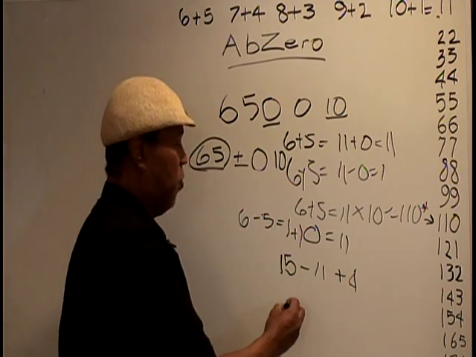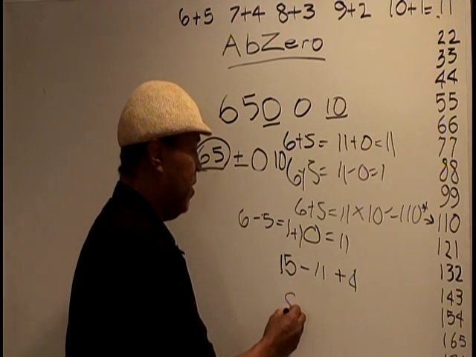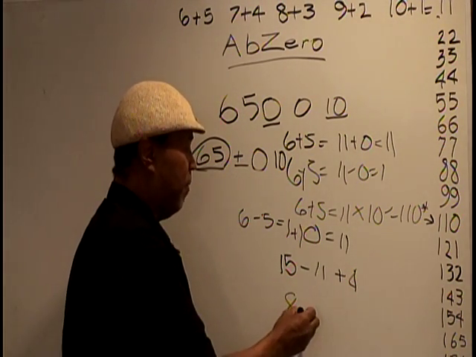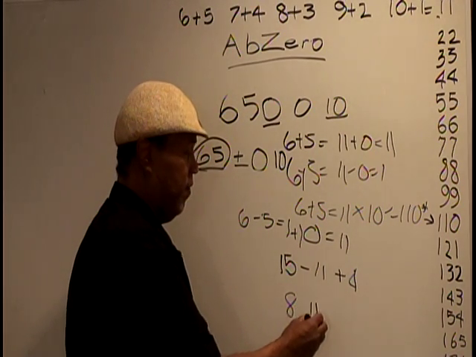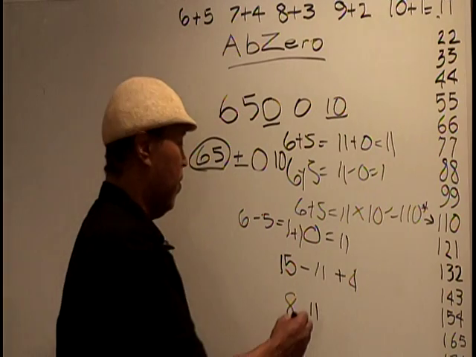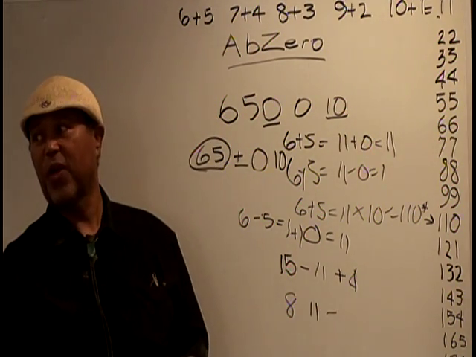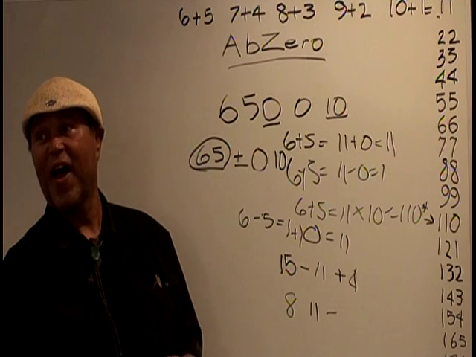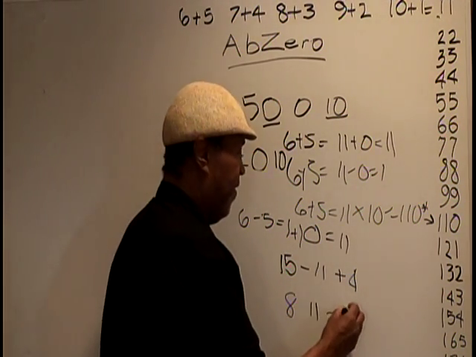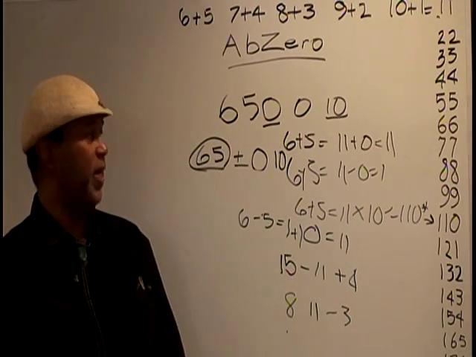If we had a solution of 8, is that above or below 11? Below. Good. So it would be minus. How far below 11? 3. So an 8 would score minus 3.